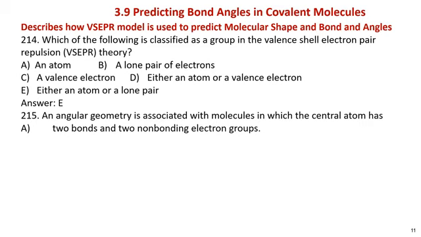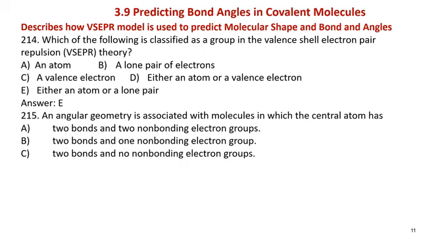That's a correct answer. 2 bonds and 1 non-bonding is also correct. 2 bonds and no non-bonding electrons is not correct.